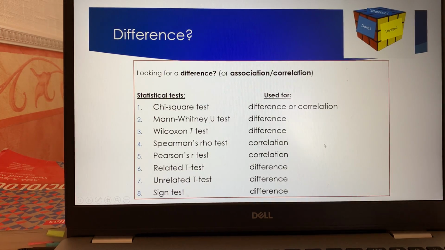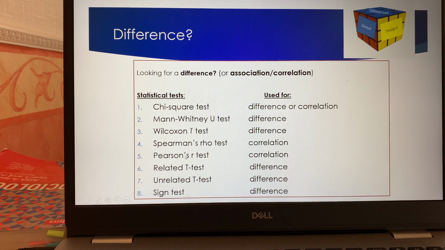So these are the different tests. So all our tests are here. Sign test you definitely have to do. Chi-square, Mann-Whitney, Wilcoxon, Spearman, Pearson, related T and unrelated T are the statistical tests used to decide whether or not the results we have are significant. So those are the tests, and this is what they're used for. So you've only got 2 that are used for correlation, Spearman's or Pearson's.